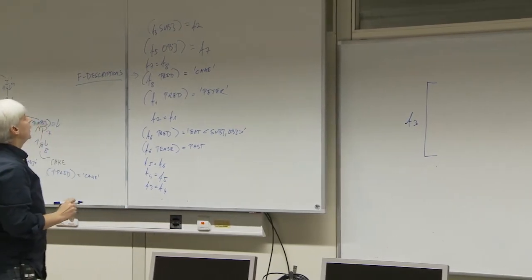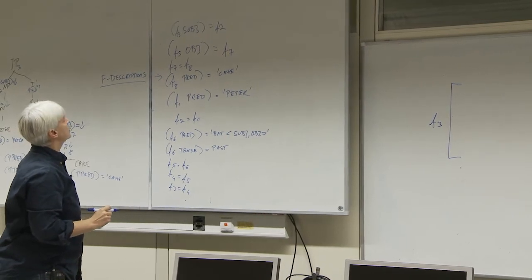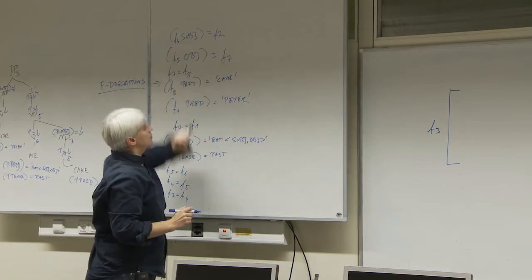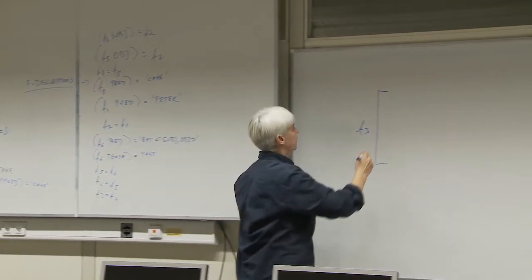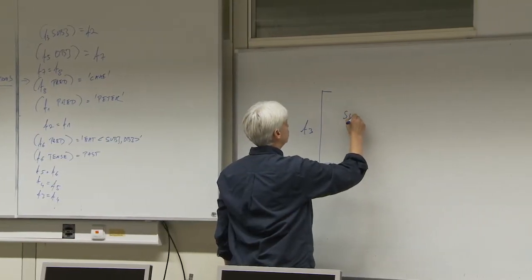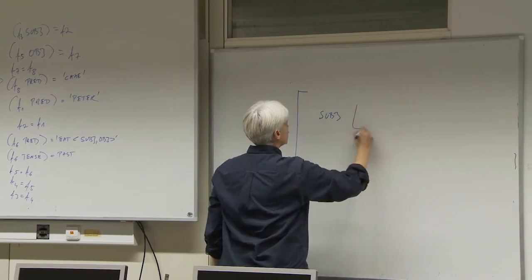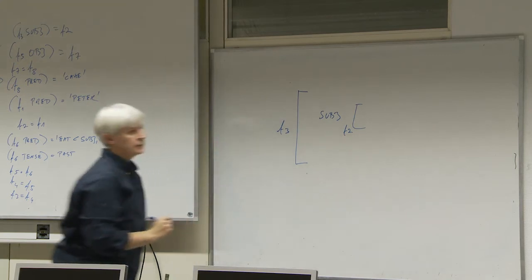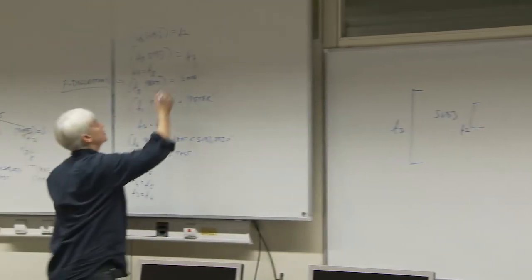Now we can go through these things. Let's just start at the beginning. F3 subject is equal to F2. So we have a subject in here, which has an F structure called F2. Okay, that's what this one does.